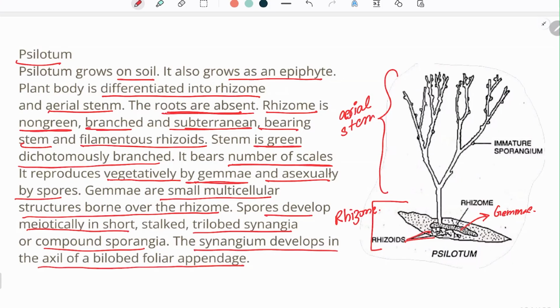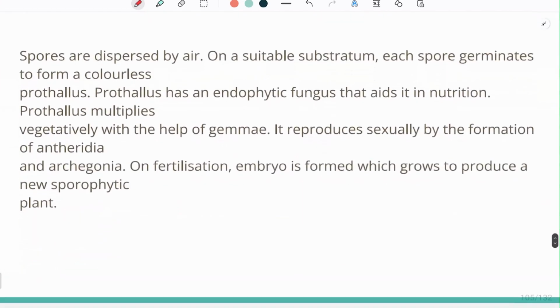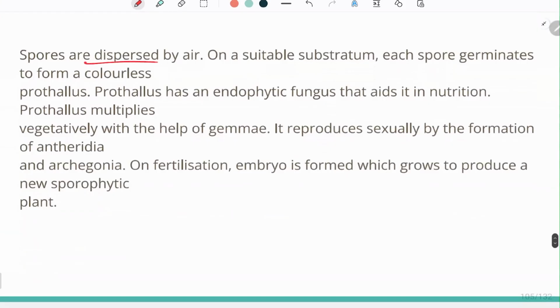This is the bilobed foliar appendage on which the synangium is present, and inside which the spores are produced. Now the spores are dispersed by air.